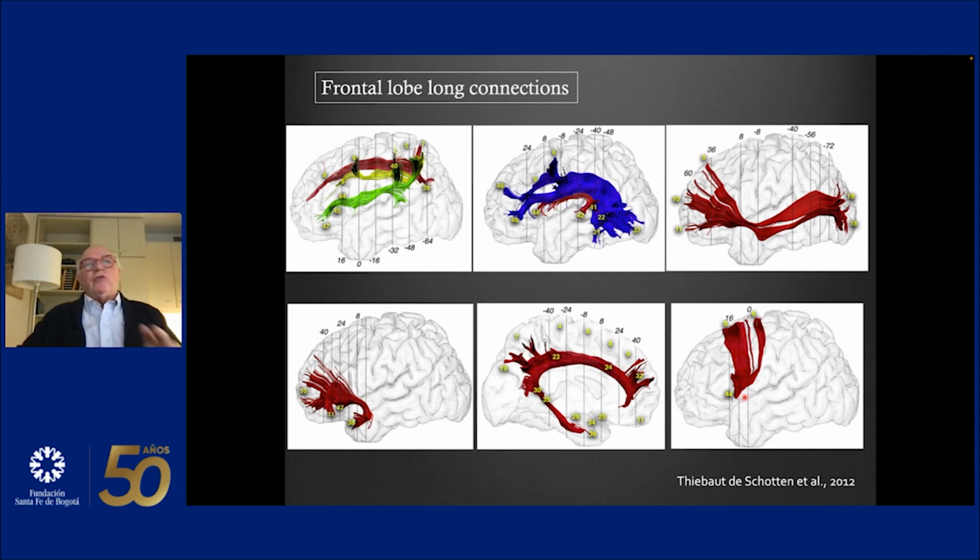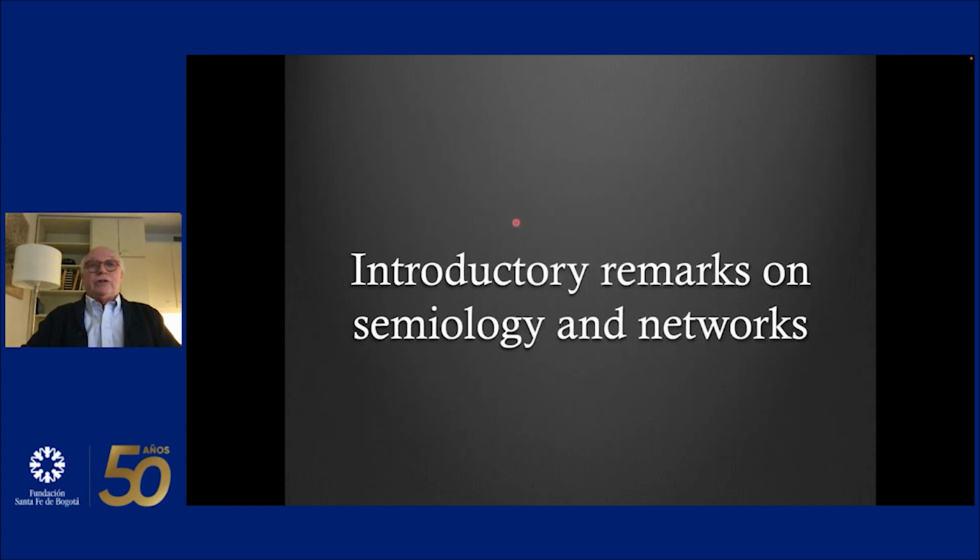Just to give you an idea that when you think of the frontal seizure in these regions, you must know that the seizures can propagate very remotely from the frontal cortex itself. It is important to understand that for the semiology, but also for the SEEG implantations.